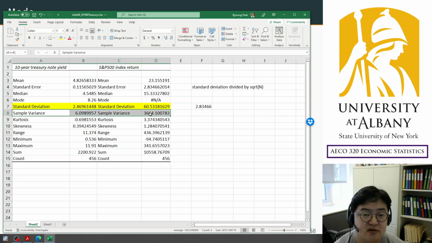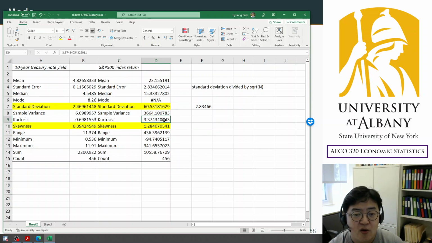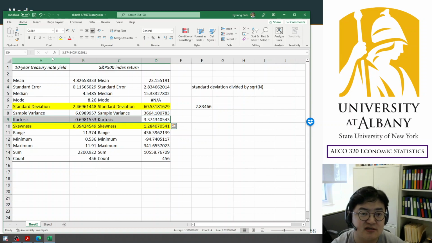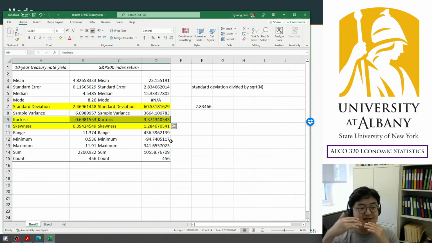And sample variance. Variance is calculated. We know how to do it. Skewness is the mean of the cubed deviations, right? And kurtosis. Kurtosis is a really rarely used measure. This is a fourth order measure. If you square the deviation, you get variance.